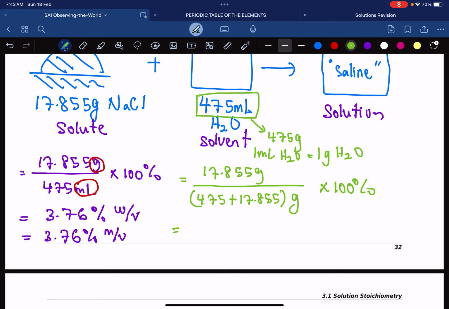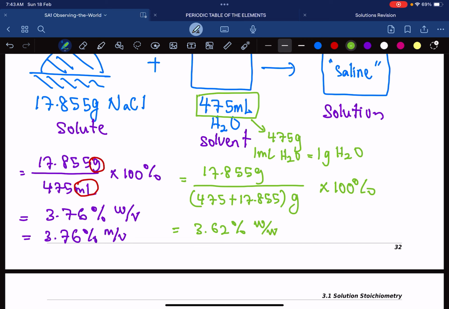So this is 17.855 divided by 475 plus 17.855, times 100. This is going to be 3.62% weight over weight. So it's slightly different.